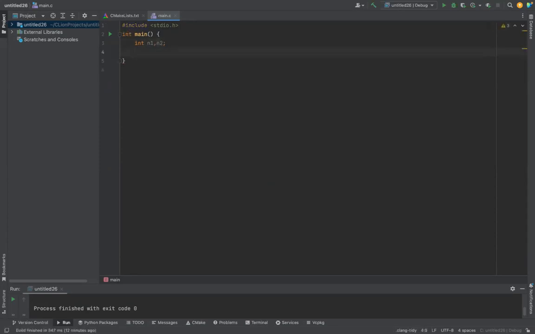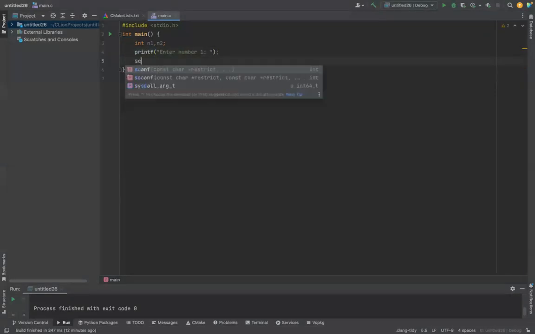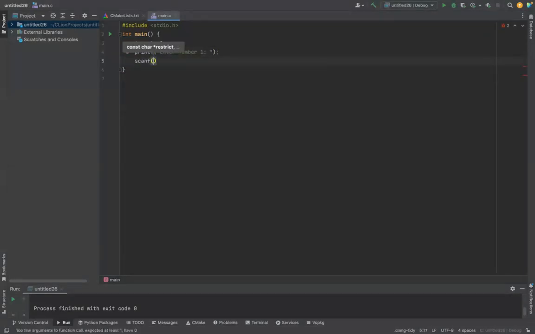Okay, ask user to enter two numbers. printf, percentage, sorry, enter number 1, scanf percentage d, percentage d slash n, sorry, slash n is not required for the scanf, then you can use n1.